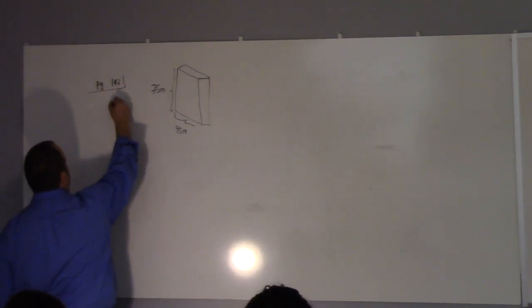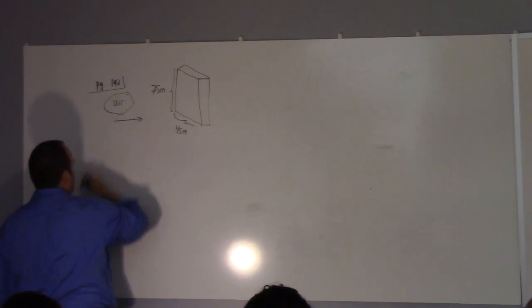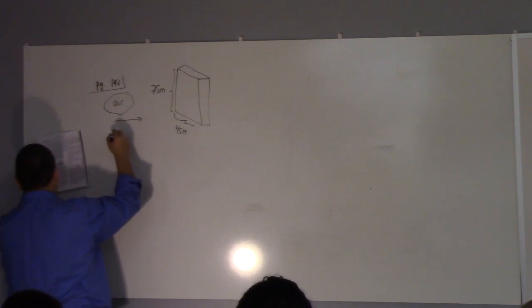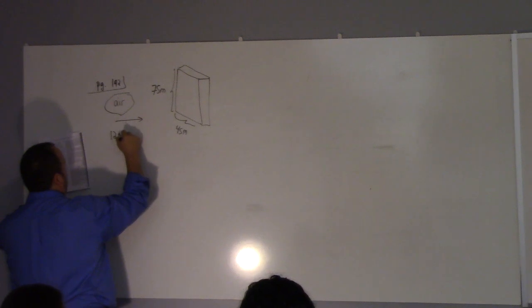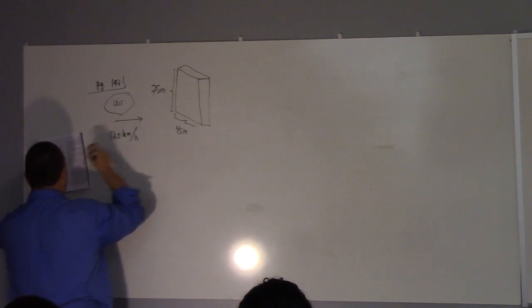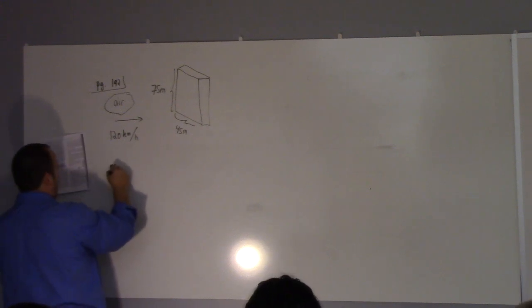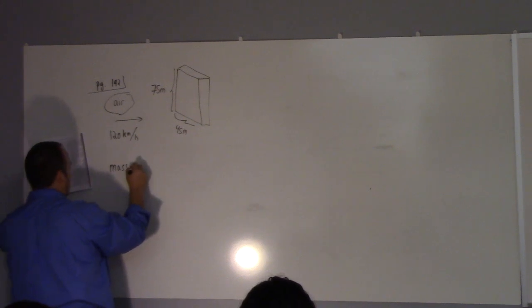So we've got air. And we're told that the velocity of the air, the speed of the air, is 120 kilometers per hour. All right. And that the mass is, what is the mass here?